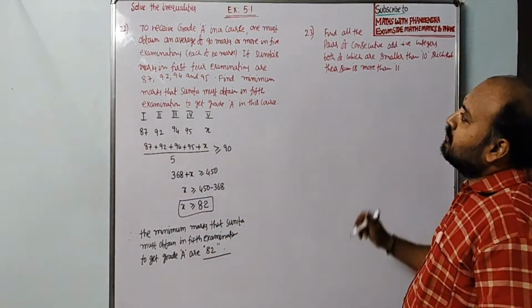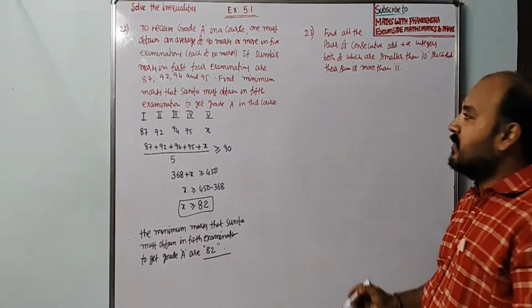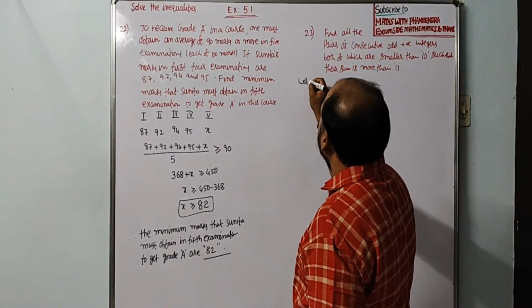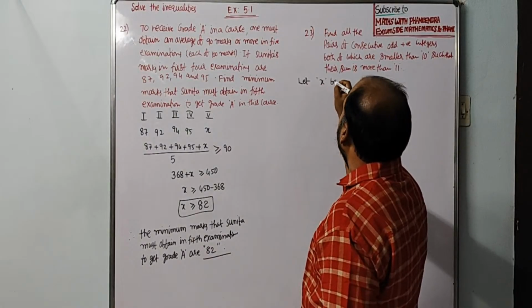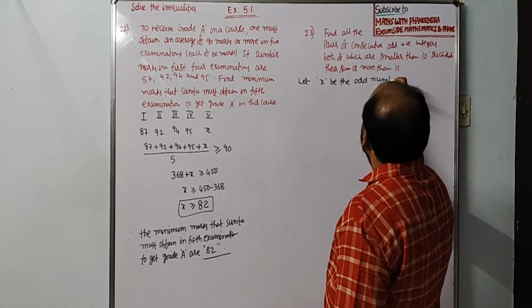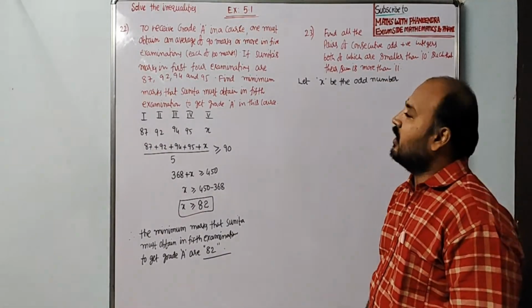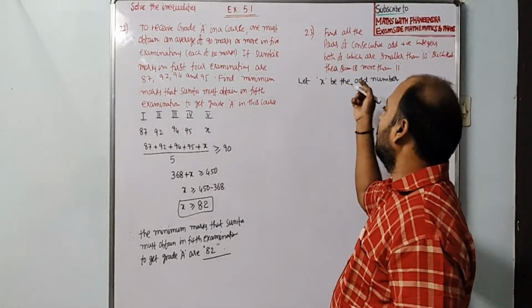Now come to question number 23. Find all the pairs of consecutive odd numbers. Let us consider x to be the odd number. Odd number means not divisible by 2, the remainder will come as 1.